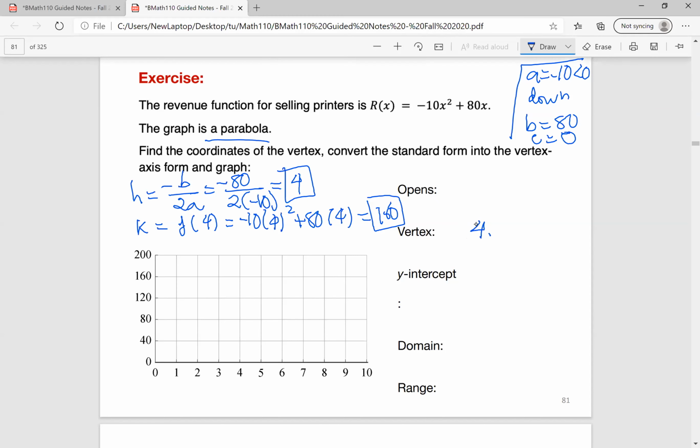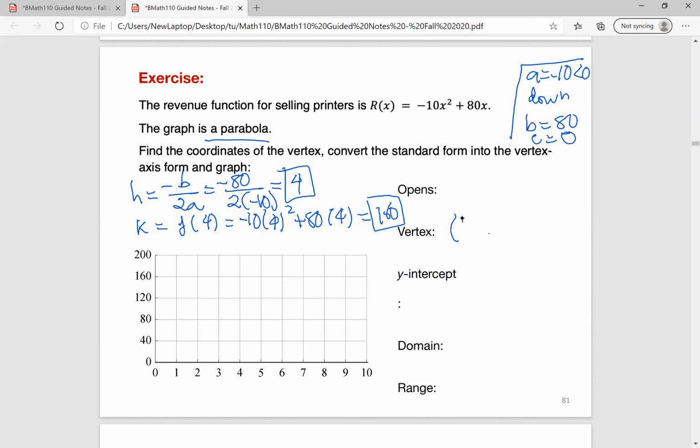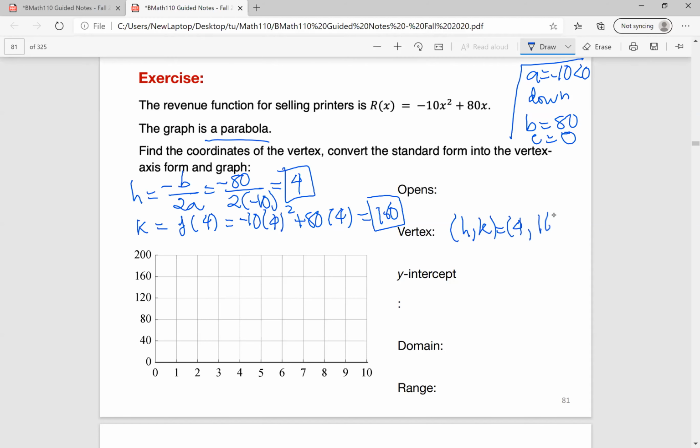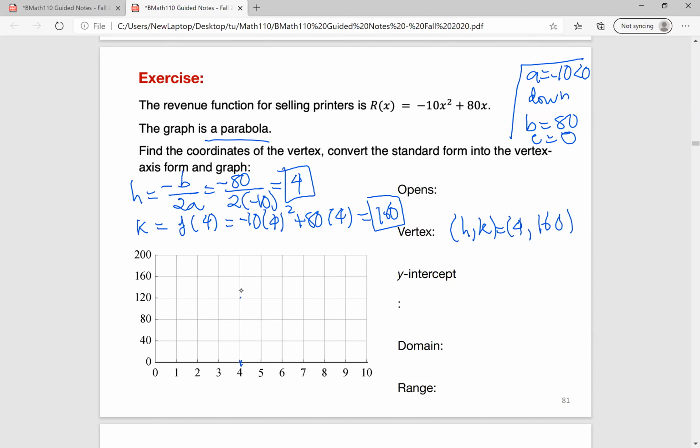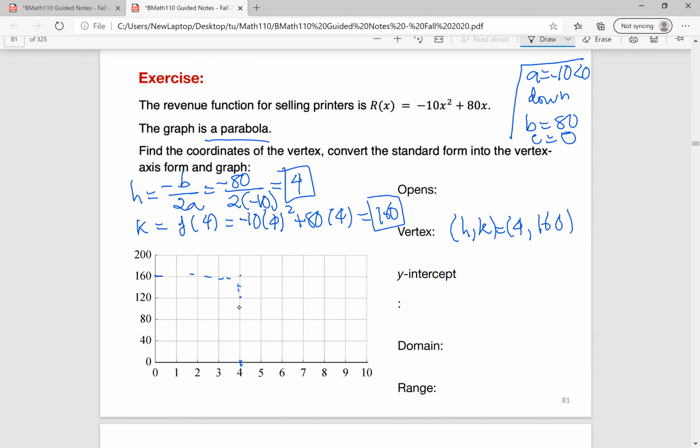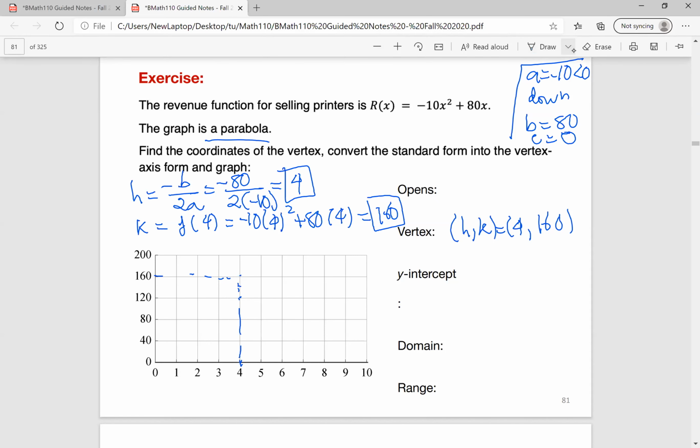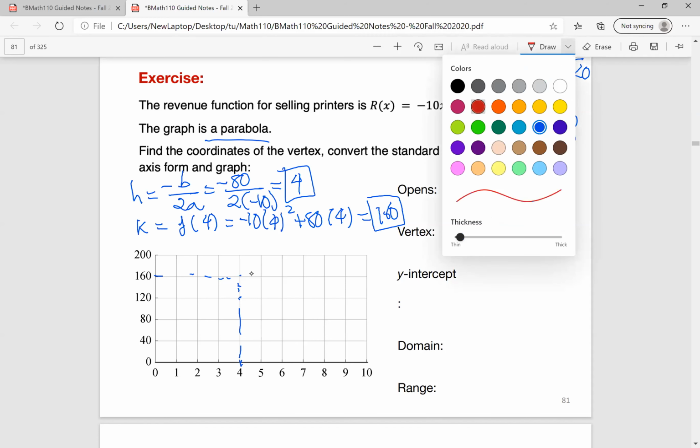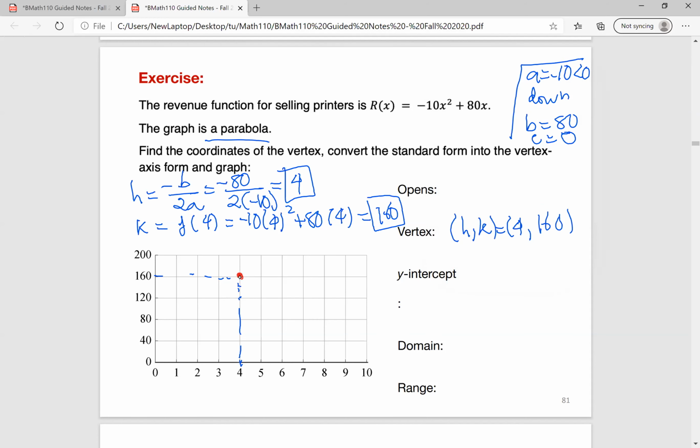And let me write it as HK first. HK, right? And we equal to 4 and 160. So I have 4, I have 160. So the first point should be here. What else do I have? Okay, let me see.